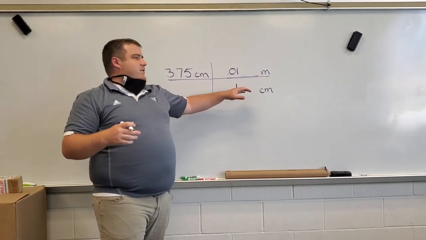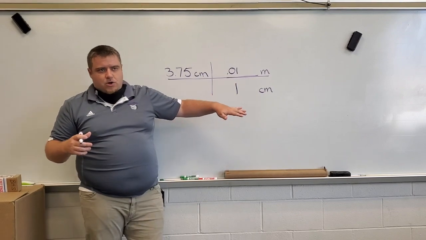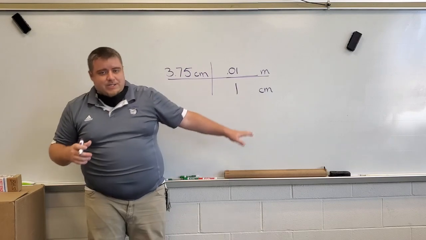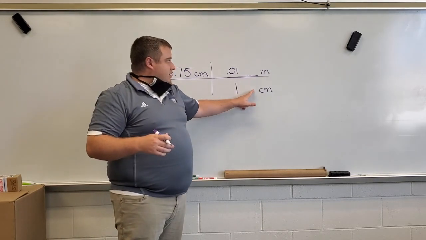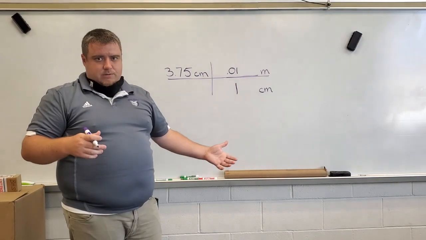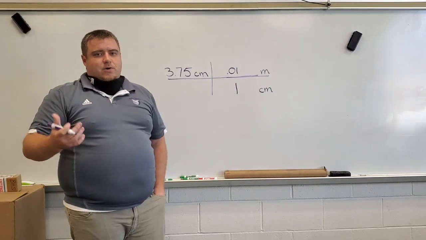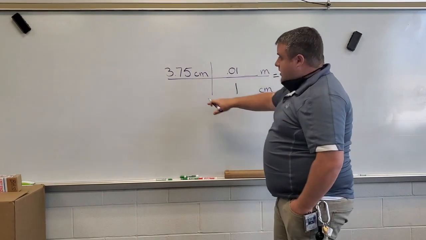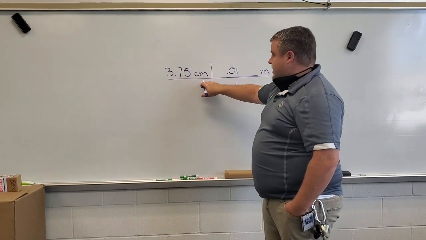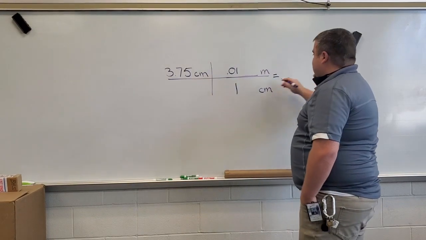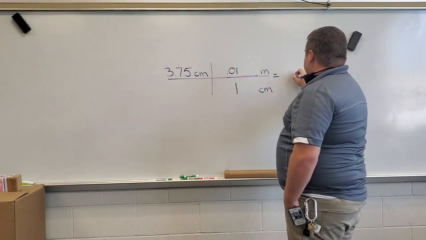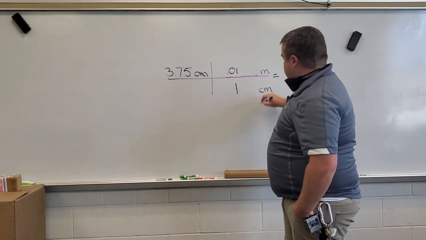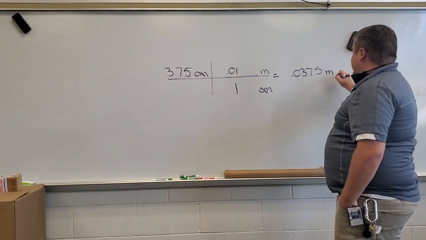So if you don't want to have to remember how many centimeters there are in a meter, then you can go ahead and use a data table that says that 1 centimeter is 0.01 meters. Either one is going to work. At this point, we're back to taking 3.75 centimeters times 0.01 divided by 1, which gives me 0.0375. Centimeters again cancels, and we're left with meters.